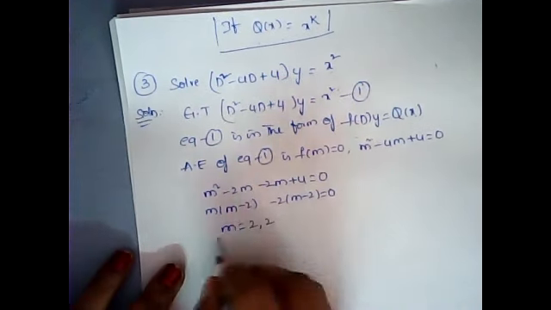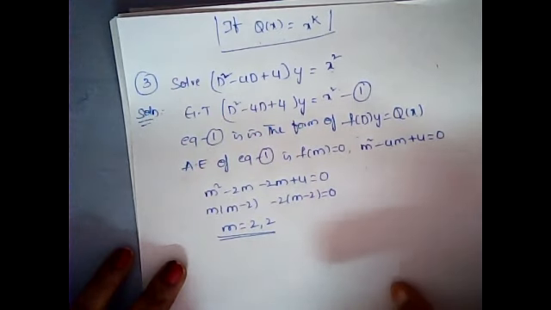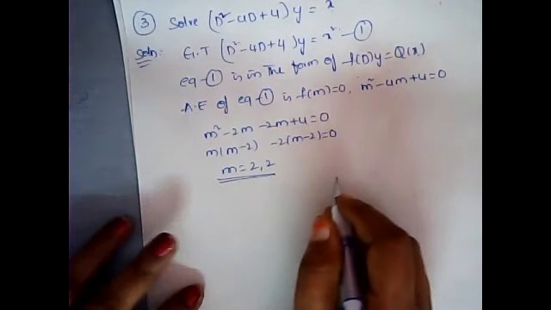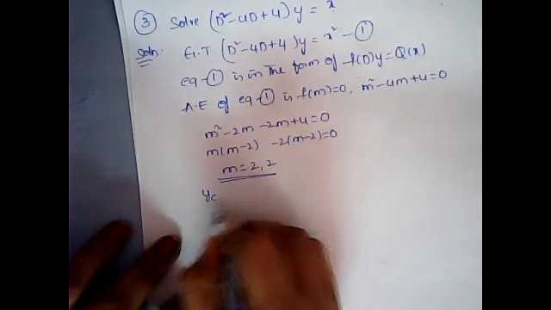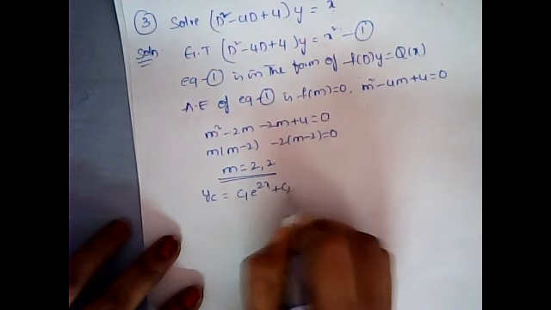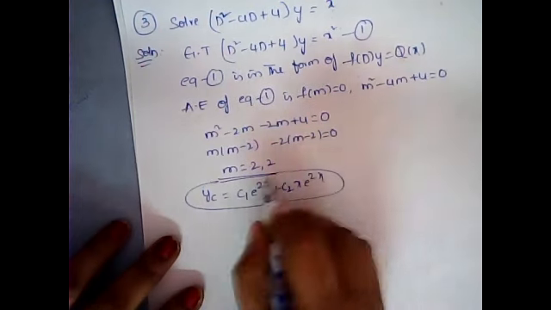Okay. So, if the m roots are real and equal, what is yc here? yc will be taken as c1 e power 2x plus c2 x e power 2x. So this is the required yc here.